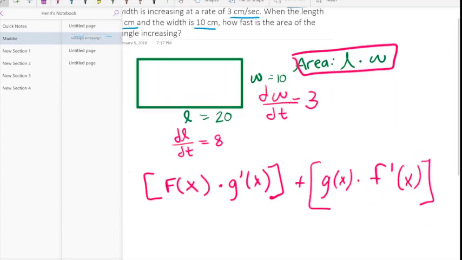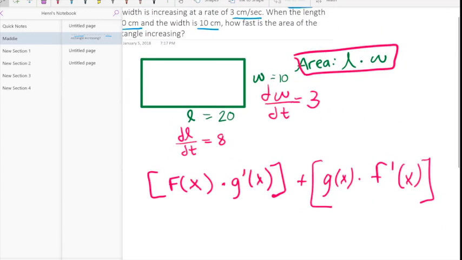Okay, so that's the product rule. So that's what we're going to do with our related equation here. So you can call the L f of x and the W g of x.